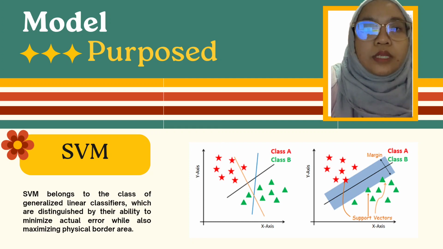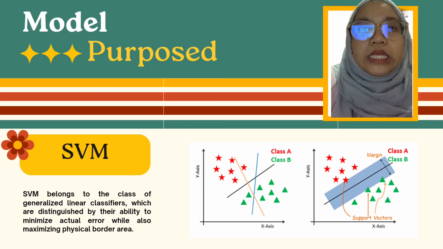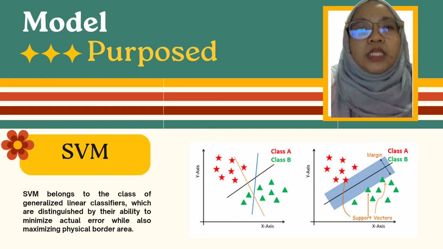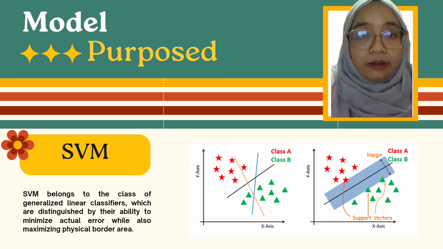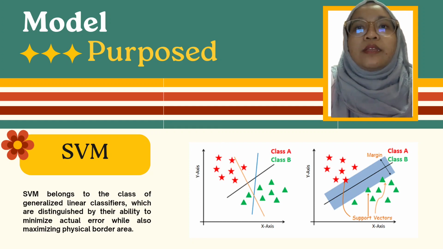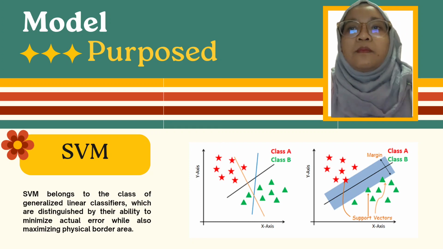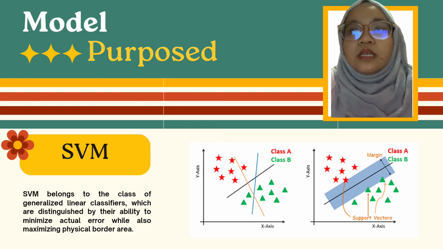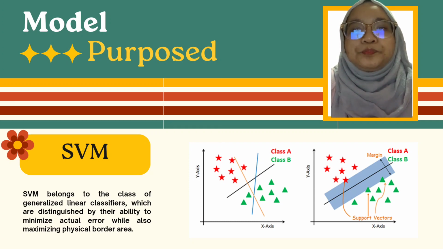SVM belongs to the class of generalized linear classifiers, which are distinguished by their ability to minimize empirical error while also maximizing the geometric margin area. So you can see class A, class B, and then you will have the support vectors and the margin.